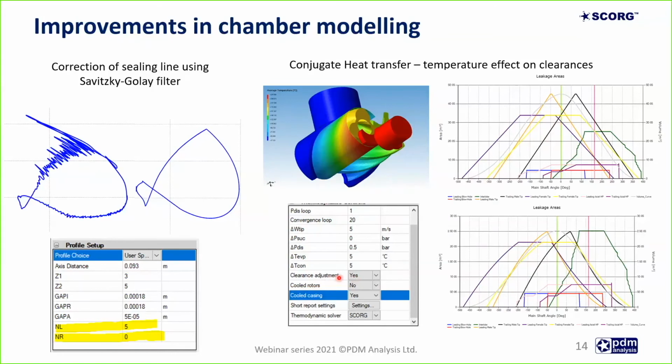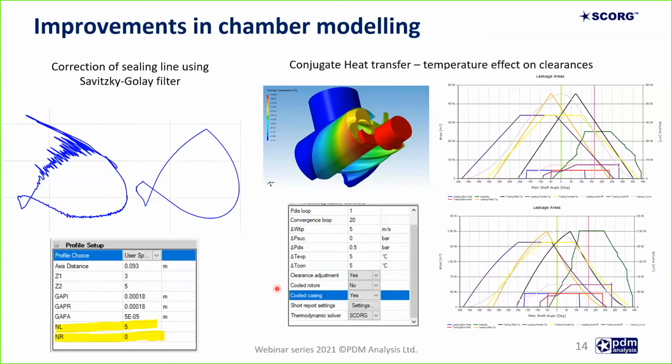In the thermodynamic selection, if you select a clearance adjustment, then you can calculate the change in clearances in the case of cooled rotors or cooled casing, or non-cooled rotors and non-cooled casing. It is especially important for oil-free machines.